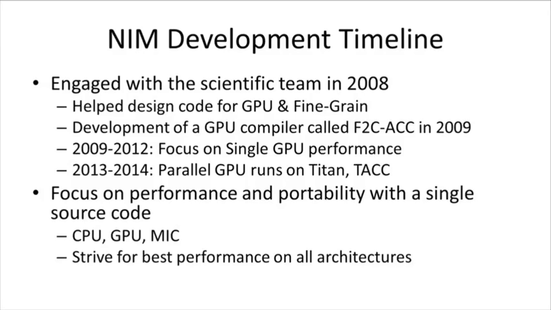At that time, there was a compiler that I developed to do just the transformations from Fortran into CUDA. From 2009 through 2012, the model was being developed, and the focus was on single GPU performance. In 2013 and 2014, we have done quite a lot of work on parallel GPU runs for Titan, and we've done similar work with the TACC for the Xeon Phi performance and scalability.